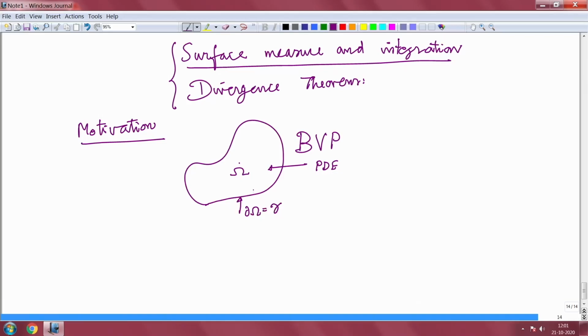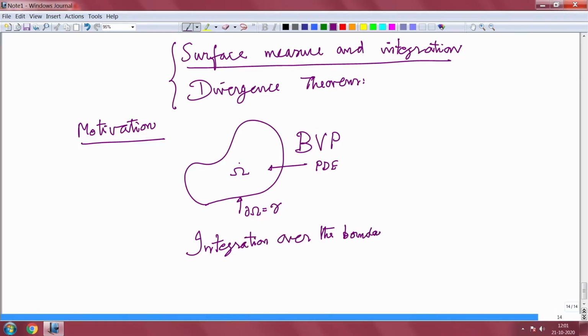So, you come across integration all the time. If you have a domain here, you will come across integration over the boundary, which is a lower dimensional subspace.